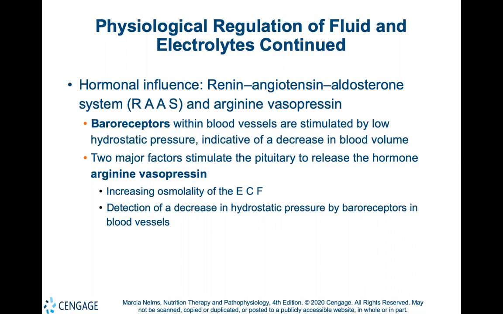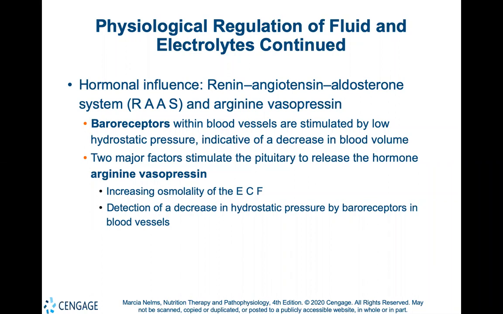Baroreceptors within blood vessels are stimulated by low hydrostatic pressure, which is indicative of a decrease in blood volume. The hormone renin is released from the kidney and stimulates conversion of angiotensinogen to angiotensin 1. A second activation converts angiotensin 1 to angiotensin 2.